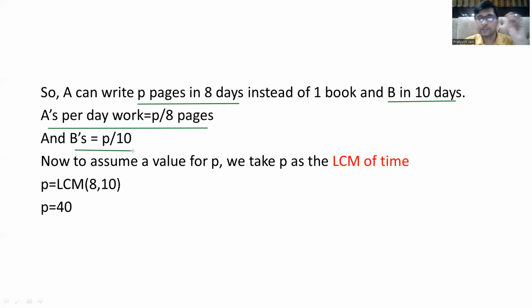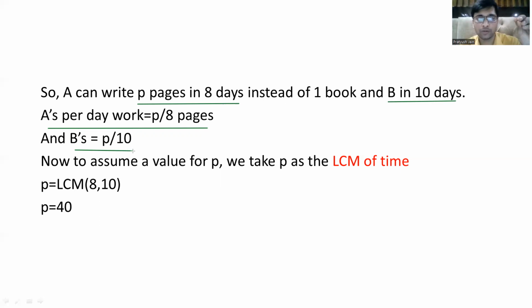So whatever the value of P is, if I can successfully choose some value of P such that I can convert my P by 8 and P by 10 into whole numbers rather than fractions, then my task of removing the fraction is achieved, right?